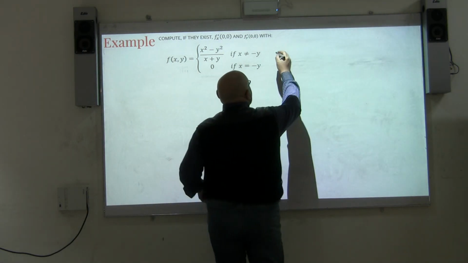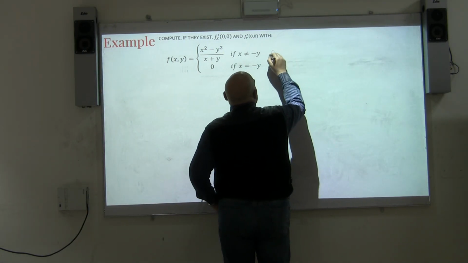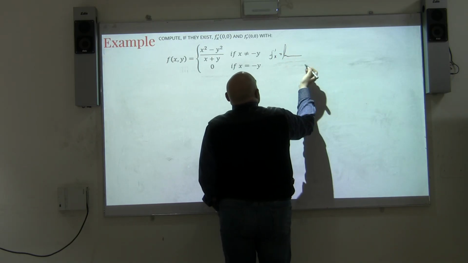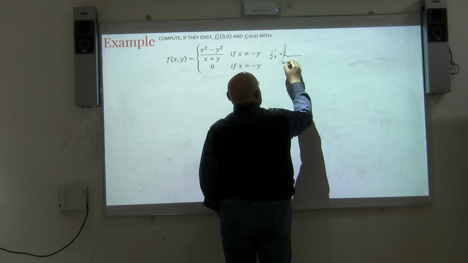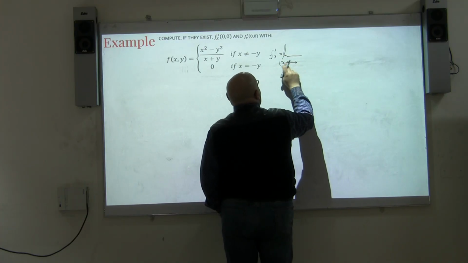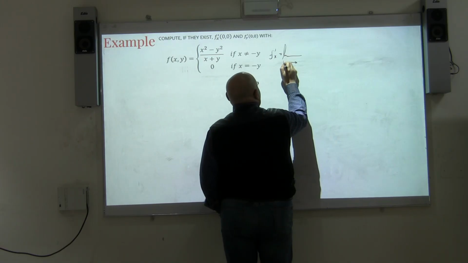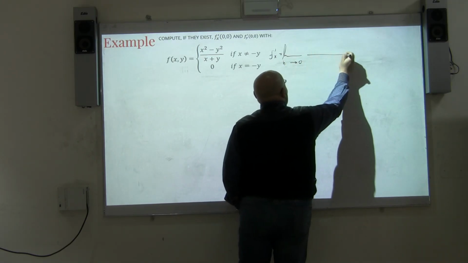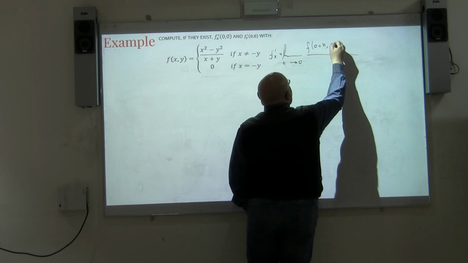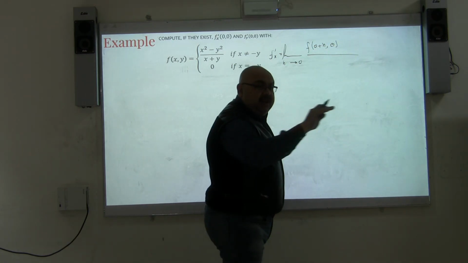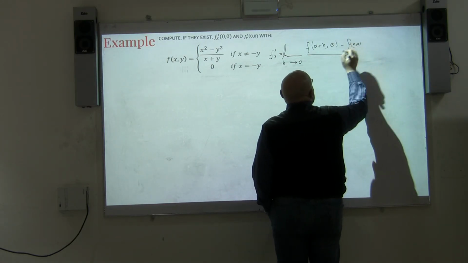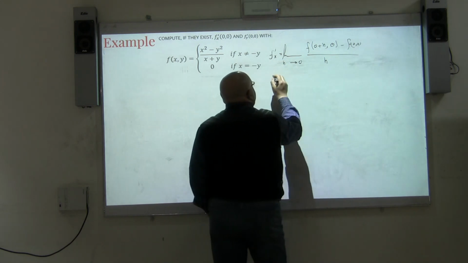The law states that the derivative f dash of x will equal the limit as h tends to 0 of the function at 0 plus h and 0, because I'm moving in the x direction, minus f of 0 and 0, divided by h. This is f sub x.